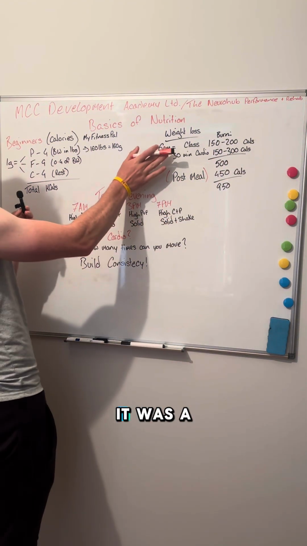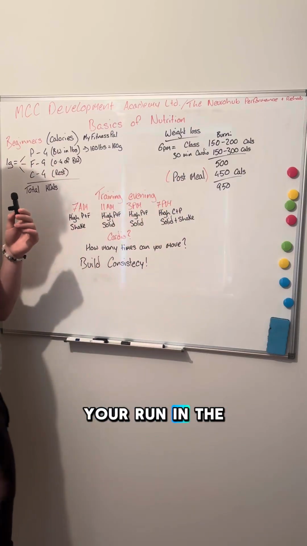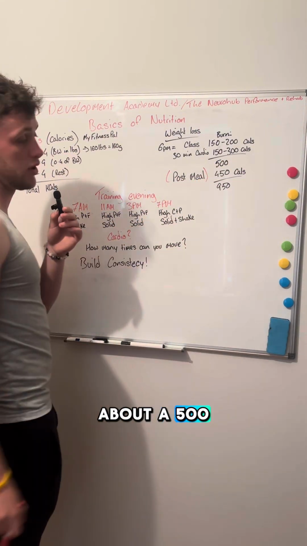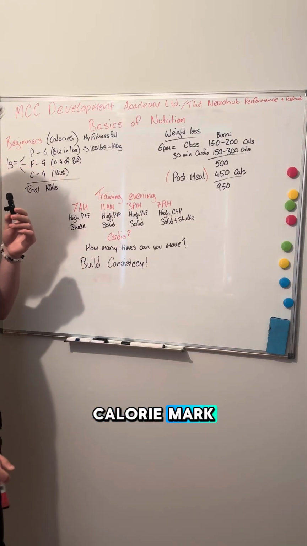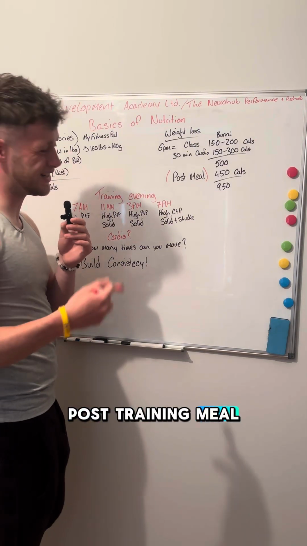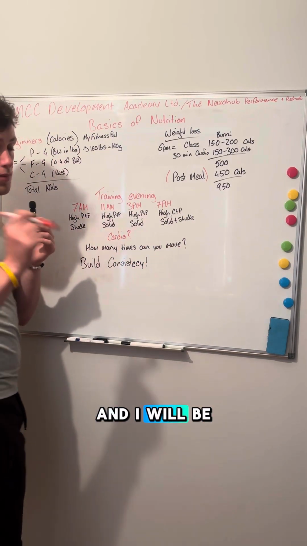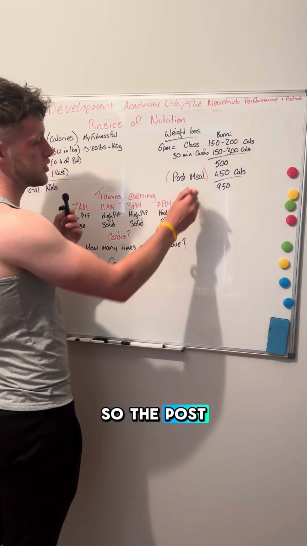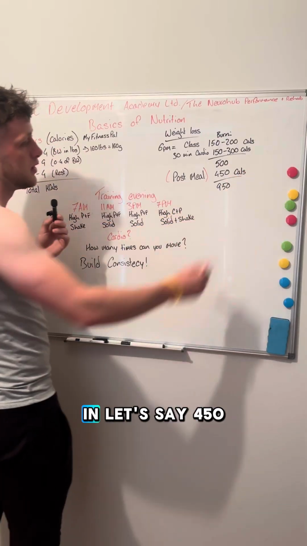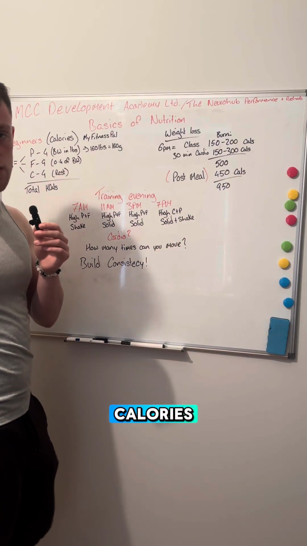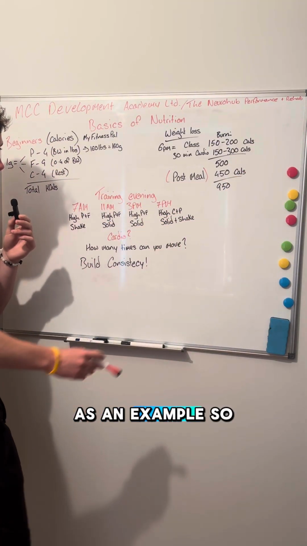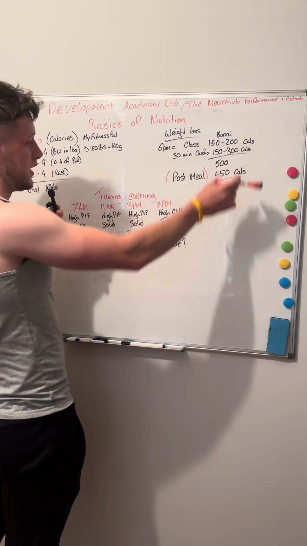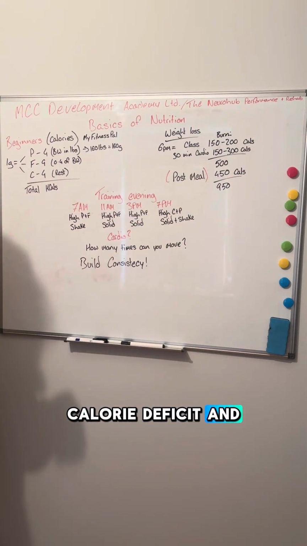Even if it was a morning class and you went for your run in the evening, you would be burning about the 500 calorie mark. The post training meal is very important, and I will be talking about the importance of this as we go on. For the post training meal, you might take in, let's say, 450 calories as an example. So we're working off that 950 calories. Okay, so you're in a 50 calorie deficit, and we go from there.